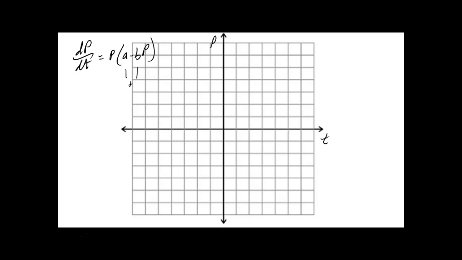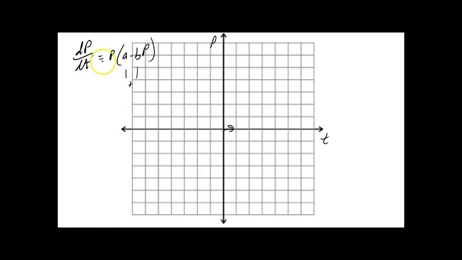Absolutely. That means if the slope is 0, the function p has to be a constant. So anytime p is a constant, the derivative of p is 0, but that means either p is equal to 0, that would be down here, and the slope is 0, okay?